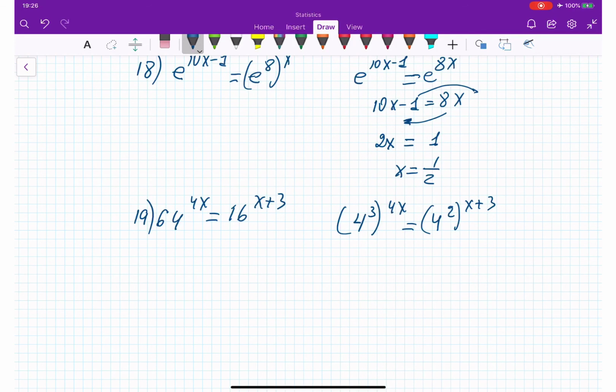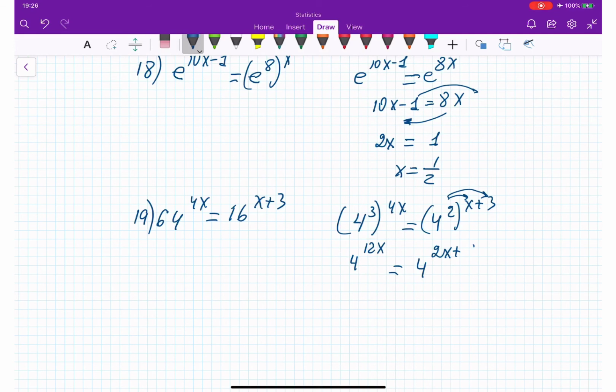So what do we get? 4 to power 12x, because 3 times 4x, right? And here I'm getting 4 to power 2x plus 3, because I distribute 2 by x and by 3. Okay, oops, plus 6.